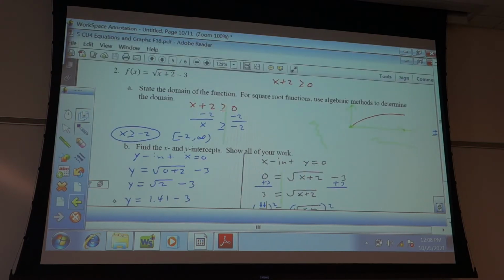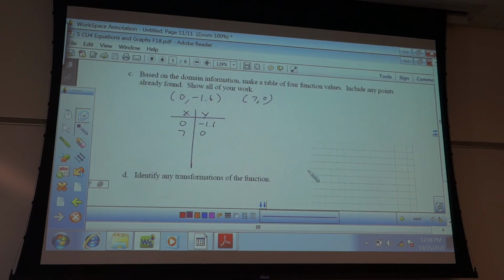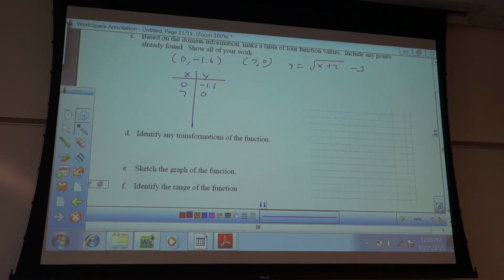Let's take a look at my function. What was my function again? My function was the square root of x plus 2 inside, minus 3. So what are my transformations here? Everybody write down the transformations.